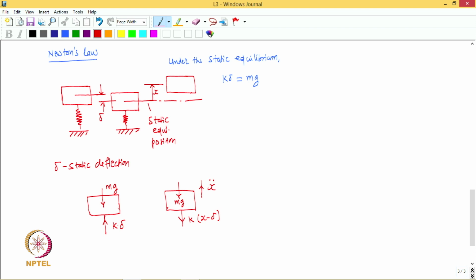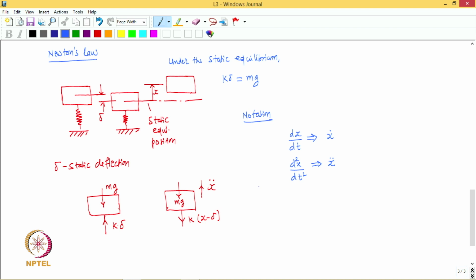So, the notation we are going to use here is that the derivative of displacement with respect to time once would be represented as x dot, and the derivative of x with respect to time twice would be represented as x double dot. So, each dot over x represents derivative with respect to time once, okay.